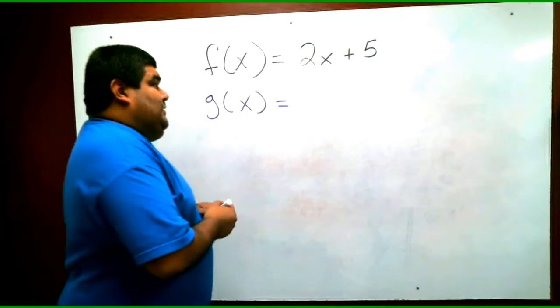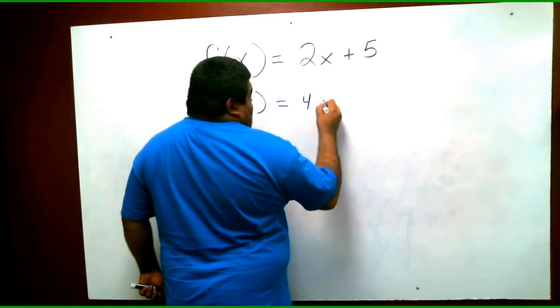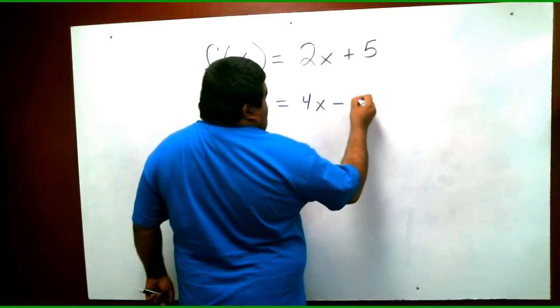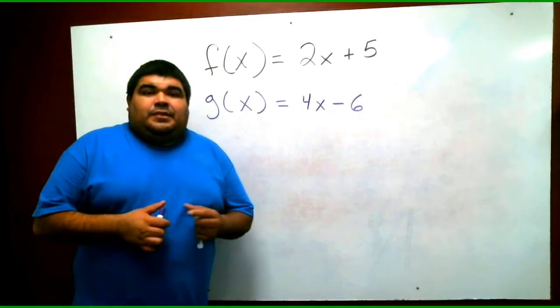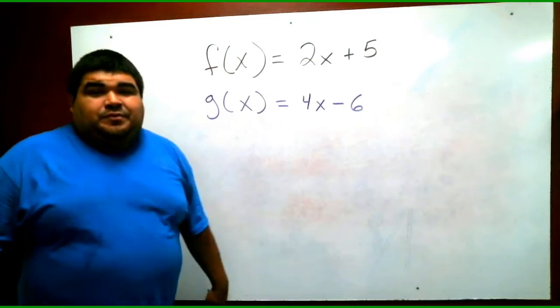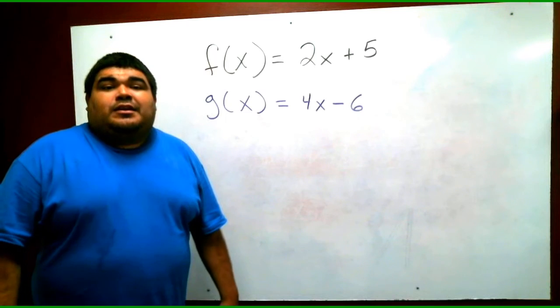For g of x, we're going to have 4x minus 6. So make sure you write them down. Make sure you send them in as soon as you're done watching the video. And I'll be waiting for your email.